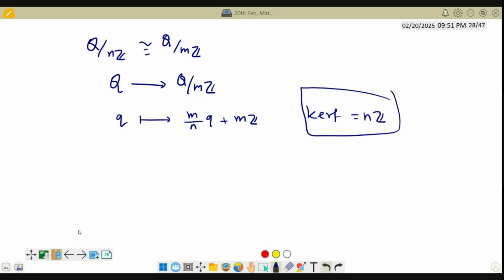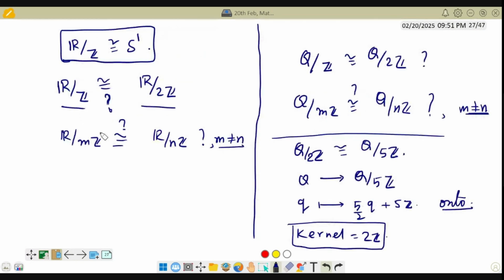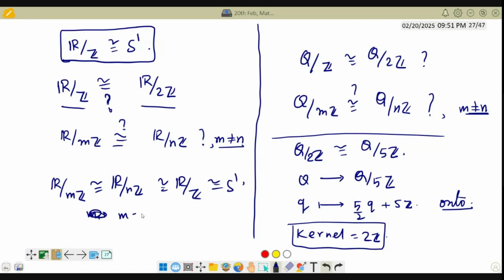You can do the same thing for R mod Z also. In general, this is true: R mod MZ is isomorphic to R mod NZ, which is isomorphic to R mod Z, which is isomorphic to H1. Here I am taking M not equal to N.